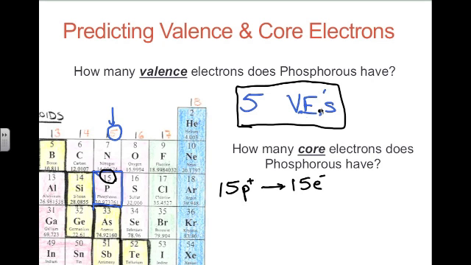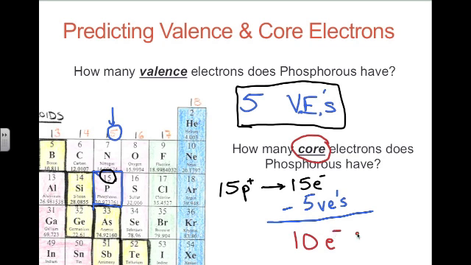The core electrons don't count those. So if I started off with 15 total electrons and took away my 5 valence electrons, then I end up with a difference of 10 electrons, which means I have 10 core electrons.